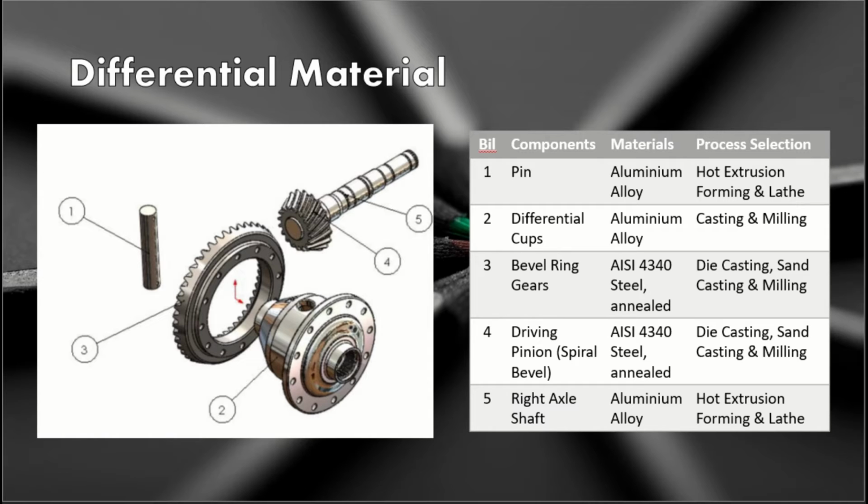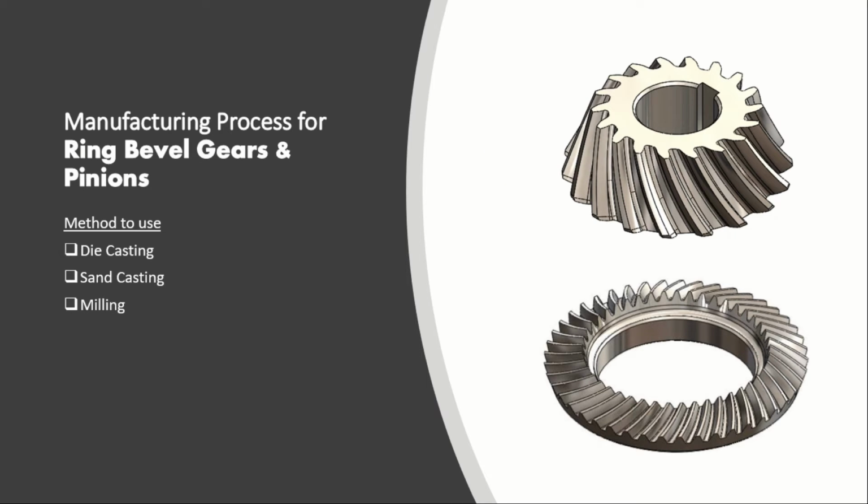The process selection for the pin and right axle shaft is the same, which is hot extrusion, forming and lathe. The differential cup will use casting and molding, while the bevel ring gear and driving pinion use die casting, sand casting and milling. In this differential design, we are going to choose two parts as our simulation parts.